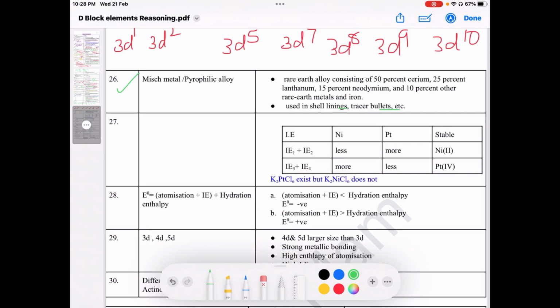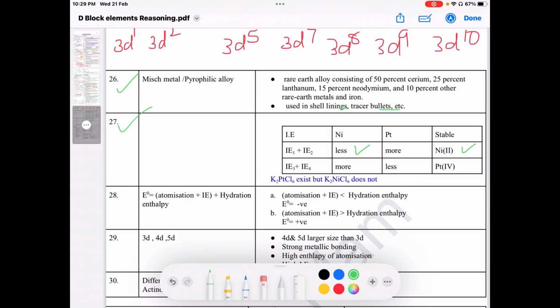Then the next question, data that is given to you, ionization enthalpy is given, and they ask you which oxidation state is more stable for nickel and platinum. If you just compare the data like IE1 plus IE2, you just add these values, then for nickel that one is lesser, it means Ni2+ is more stable.